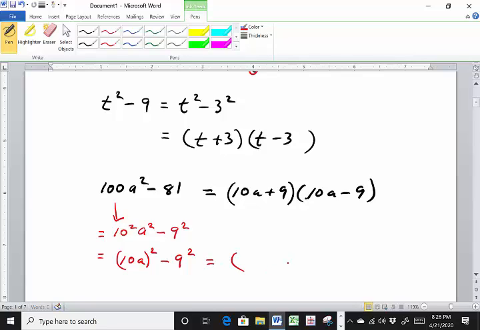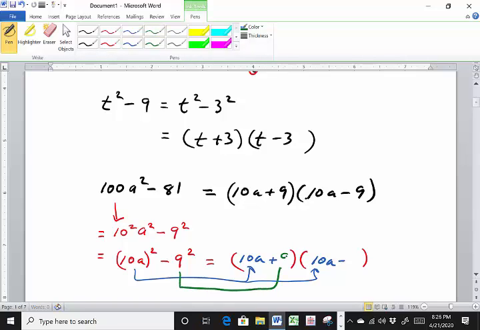So then we can write this as our two binomials: it's going to be 10a here and 10a here, and of course this will be a plus and this will be a minus. And then the 9 goes here and here as well. So 10a plus 9, 10a minus 9.